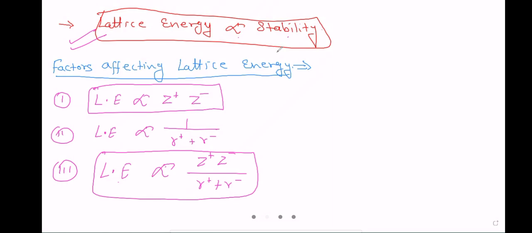One point to note: sometimes the charges are the same, sometimes the cations are the same, sometimes the anions are the same. So what do you need to see first? Charge. Not the positive ion and radius at the same time. First see the charge.